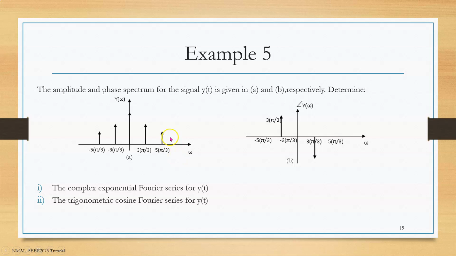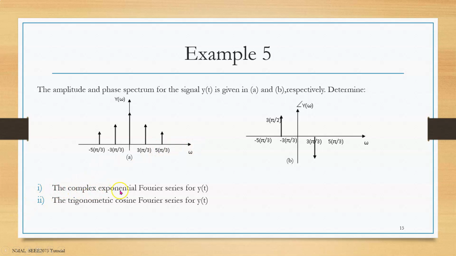Okay, when I say spectrum, it means that this is given in terms of the frequency domain. Normally you are given signals in terms of time domain and you have to plot the frequency domain. But now this is the opposite case.